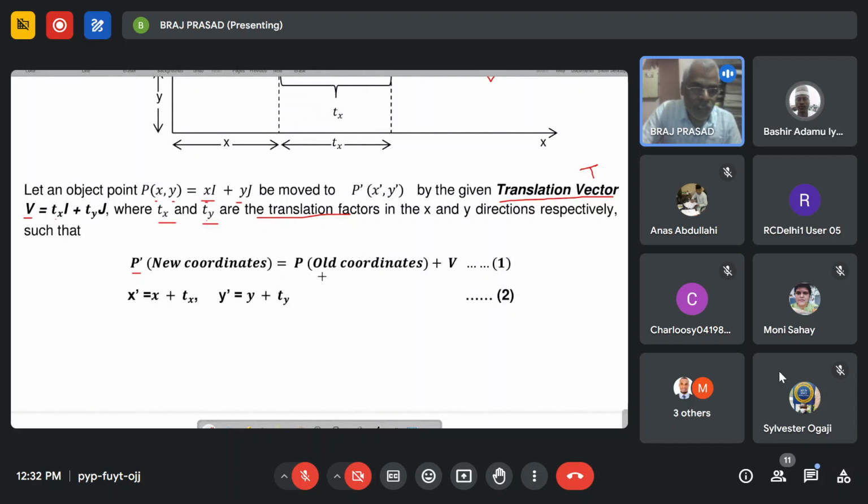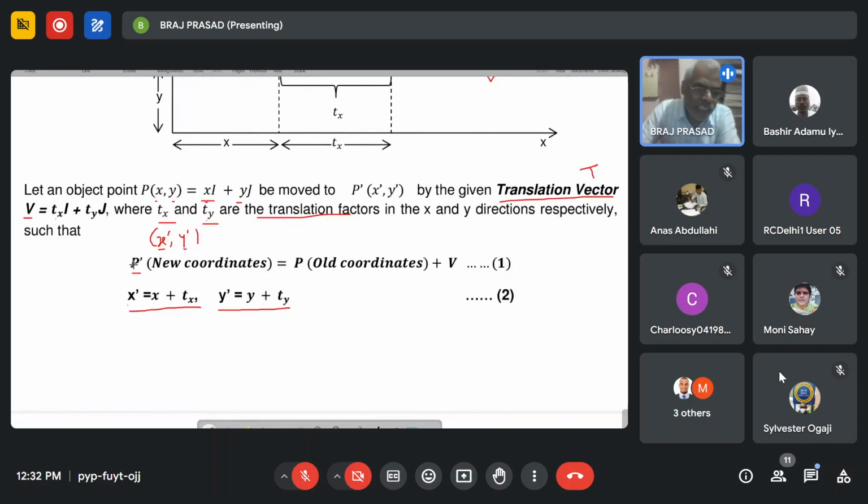So if we denote this p dash, because p dash has two coordinates x dash and y dash, we have to determine this x dash and y dash. In the earlier figure, x dash is nothing but x plus tx, and y dash is nothing but y plus ty.